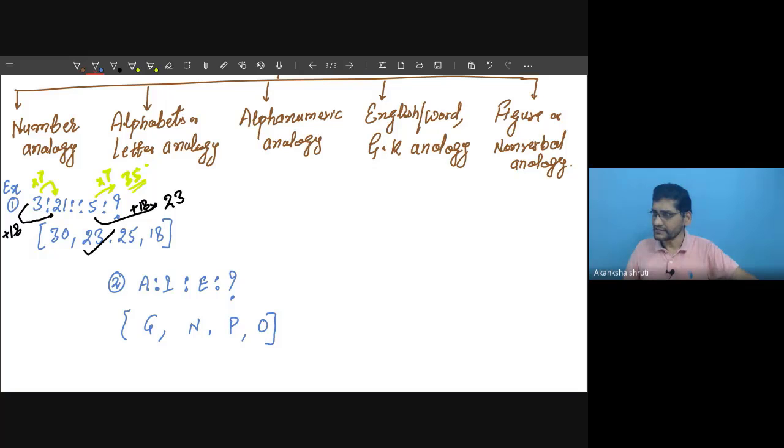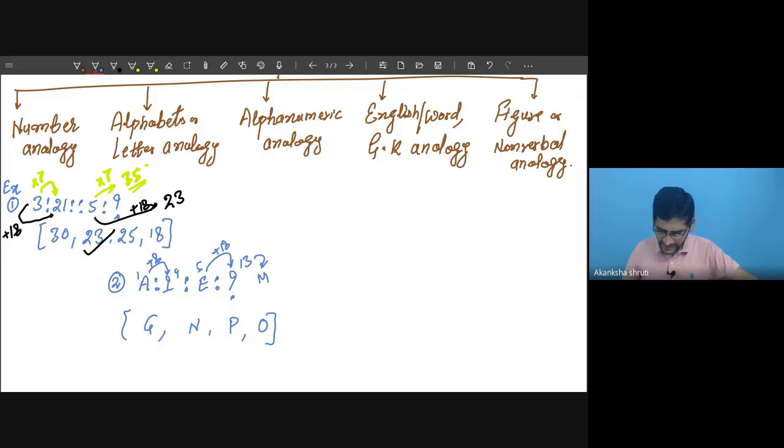What are we observing? A is to I. The position value is 1, the position value is 9, means it is plus 8. Adding plus 8 means 5 plus 8, it should be 13. Corresponding to 13, it is M. But M is not in the options. It is N. Okay, it is one thing.